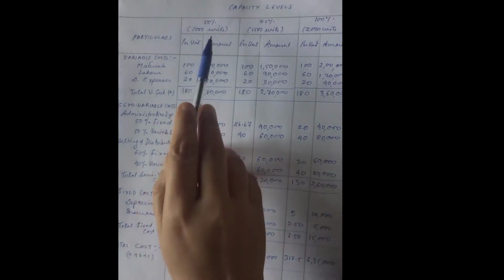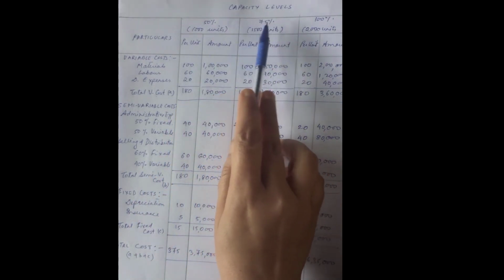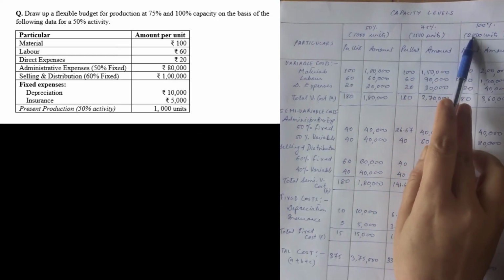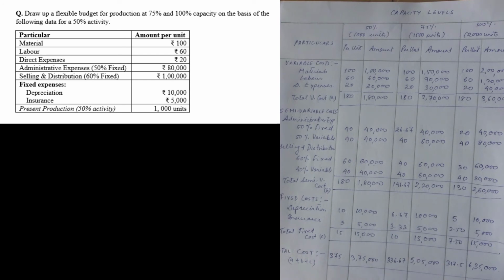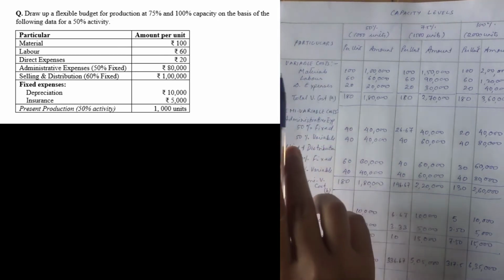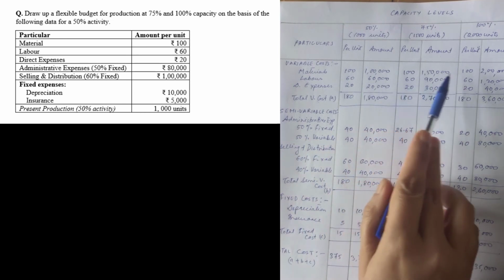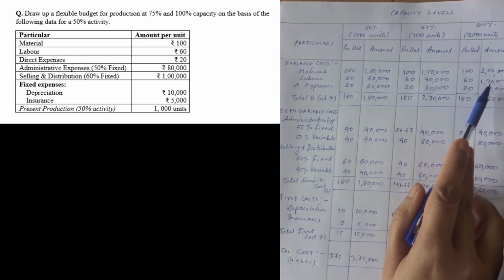First, how to calculate the units. Okay, I have shown you how to calculate the unit, just cross multiplying it, you can find the units. After that, separating the particulars, whatever it will be given in the question, you have to segregate into variable cost, semi-variable cost and fixed cost. Okay, after you find out, for all the variable cost per unit will not change, rupees will change, amount will change.